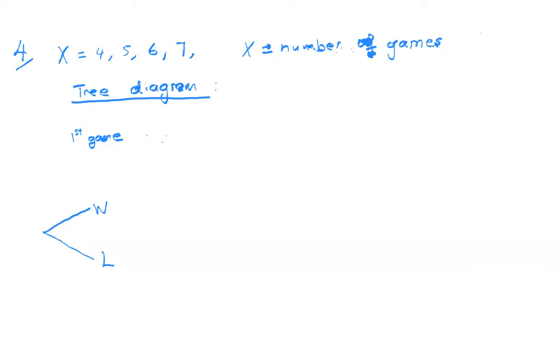The first team who wins 4 games stops. The same thing again. Repeat. Produce a tree diagram by yourself. See whether the numbers 4, 5, 6, 7 are correct or not, or whether I should add in 8.